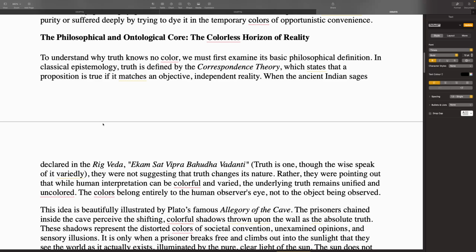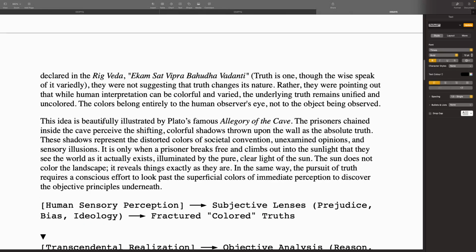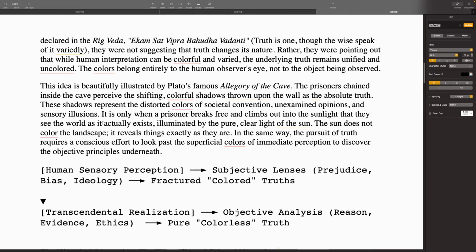In classical epistemology, truth is defined by the correspondence theory, which states that a proposition is true if it matches an objective, independent reality. When the ancient sages declared in the Rig Veda, Ekam Sat Vipra Bahudha Vadanti, truth is one, though the wise speak of it variedly, they were not suggesting that truth changes its nature.